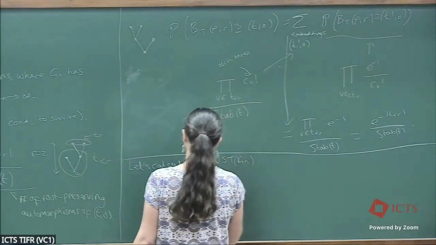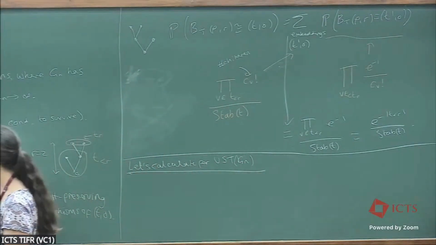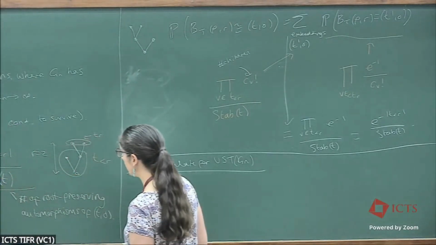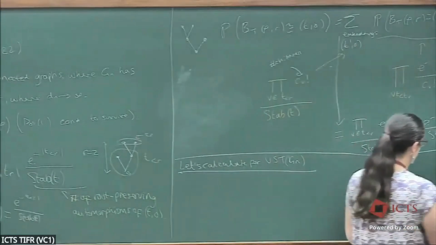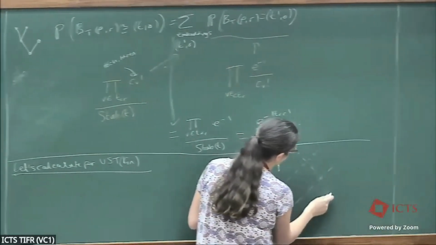So what do we need if we want to calculate the probability that the ball of radius R in the spanning tree is equal to something? Let's take the same example. Let's suppose that our graph is 4 regular.